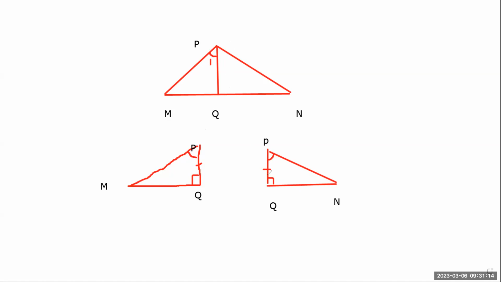Oh, okay. So that's how that proceeds. Now let me show you how the proof actually looks. When you have a proof, you always start with the statements and the reasons. So here's your line.